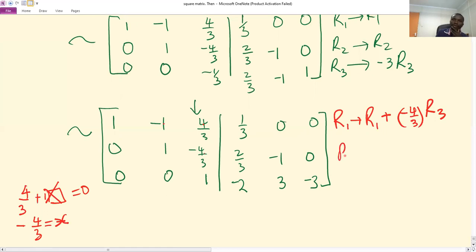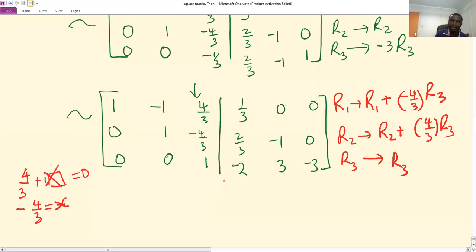Similarly for row 2, I'll say row 2 plus, because this minus now, the sign will be plus 4 over 3, and then row 3, and then I say row 3 to be just row 3. So by doing that, I'll get an equivalent matrix.